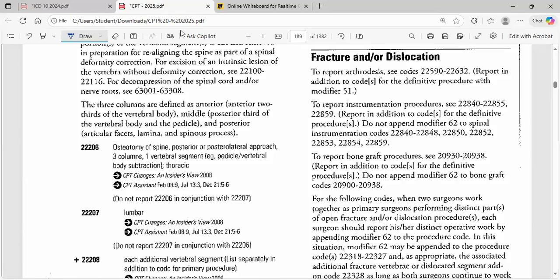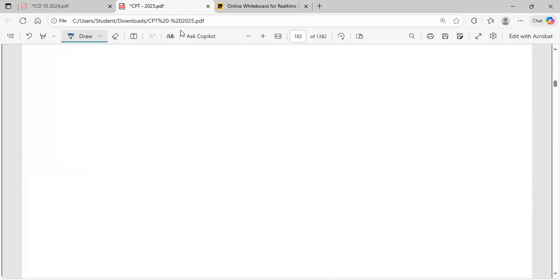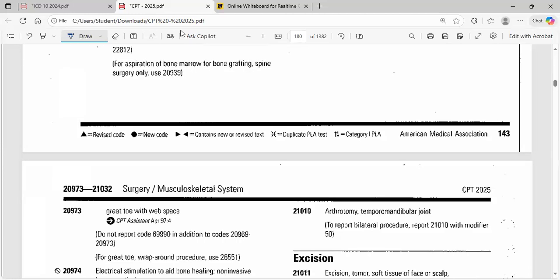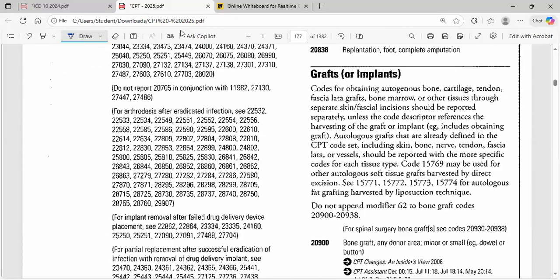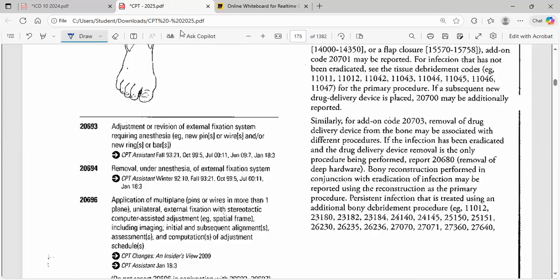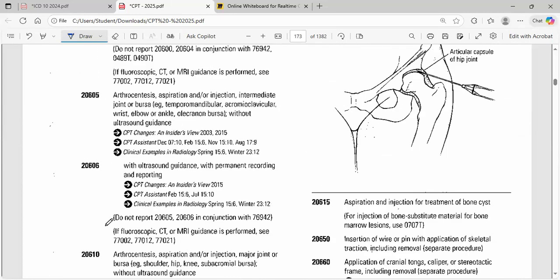I'm going to pull those codes also. 20610, so you can see here, this was the arthrocentesis procedure on the major joint. So if we have a specific code for the sacroiliac joint, we are going to use the specific one. We are not going to use this one.